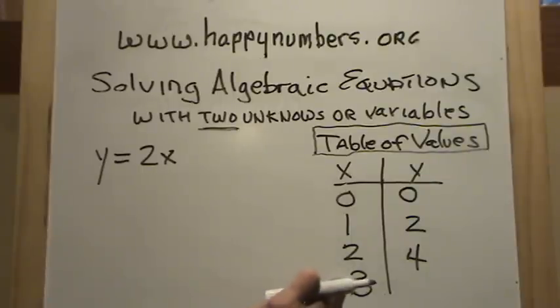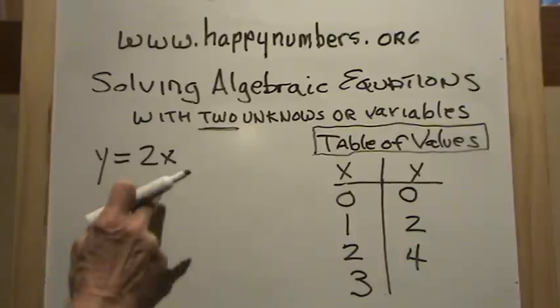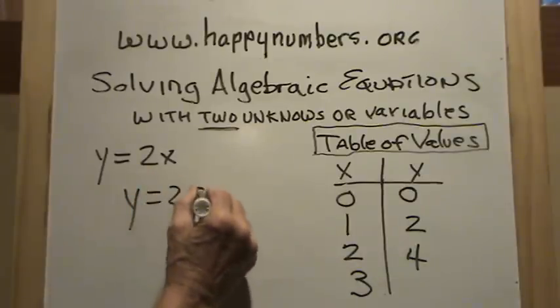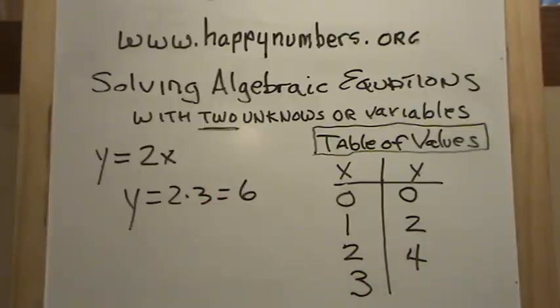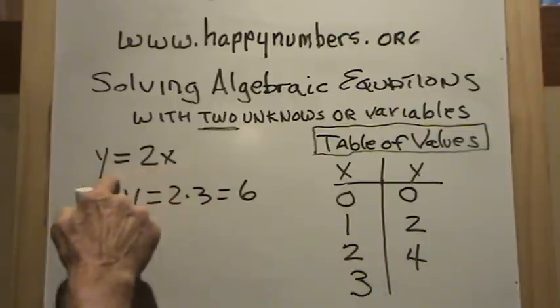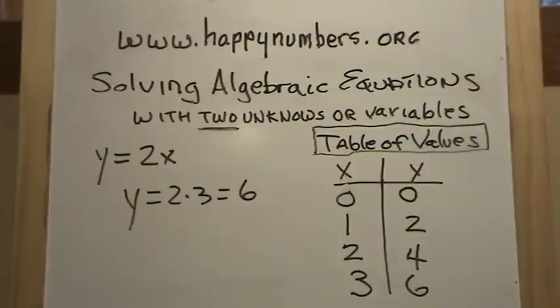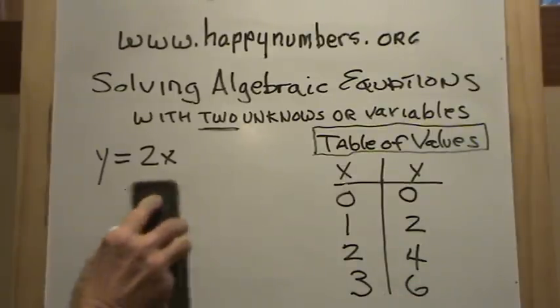And let's take a look at when x is 3. Well, we'll substitute 3. Y is equal to 2 times 3, which is 6. So in this equation, when x is 3, y equals 6. That's all that's to it.